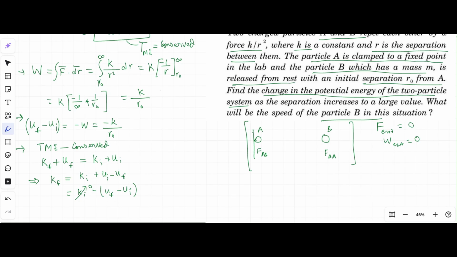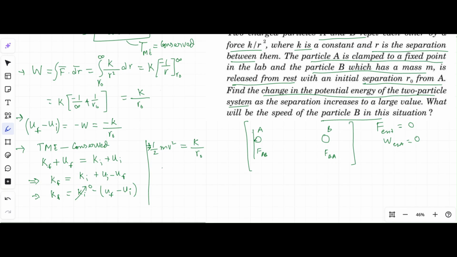So now this becomes Kf. We can write Kf as half mv square is equal to K by r0. This thing is K by r0, as Uf minus Ui is minus K by r0 and this is minus, so minus into minus is plus K by r0.